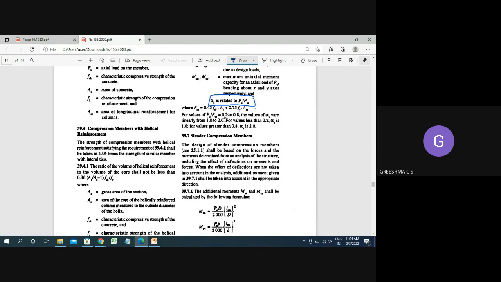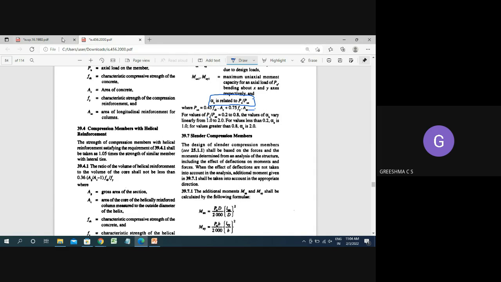So let's see the PU by PUZ ratio, 0.2 to 0.8. For values of PU divided by PUZ ranging between 0.2 and 0.8, the values of alpha n vary linearly from 1 to 2. For values less than 0.2, alpha n is 1, and for values greater than 0.8, alpha n is 2. So from this range you have to find out the value.